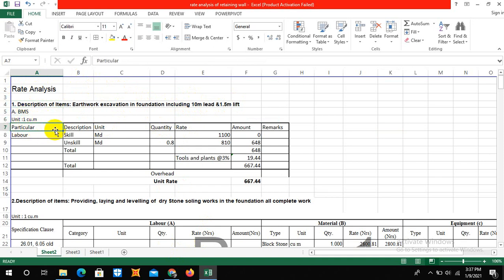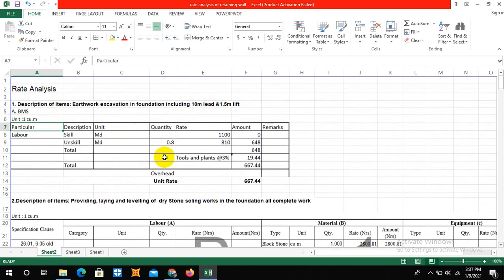So we need particulars, description, unit, quantity, rate and amount. And the rate, you can obtain from the individual district, because the rate varies as per the district, in the context of our country or any other country. So you can obtain this rate from your particular district, or you can download it from Google.